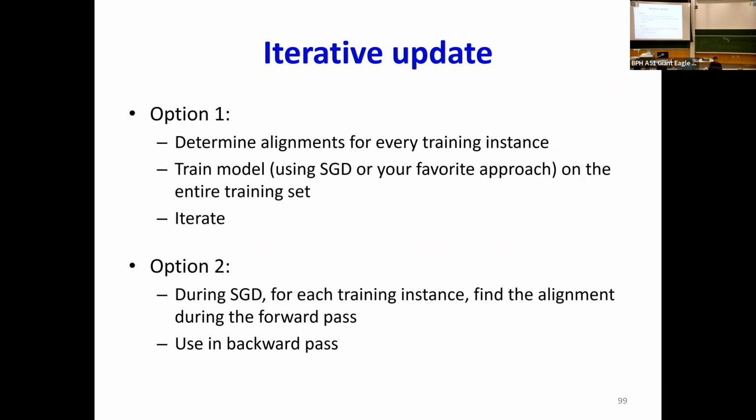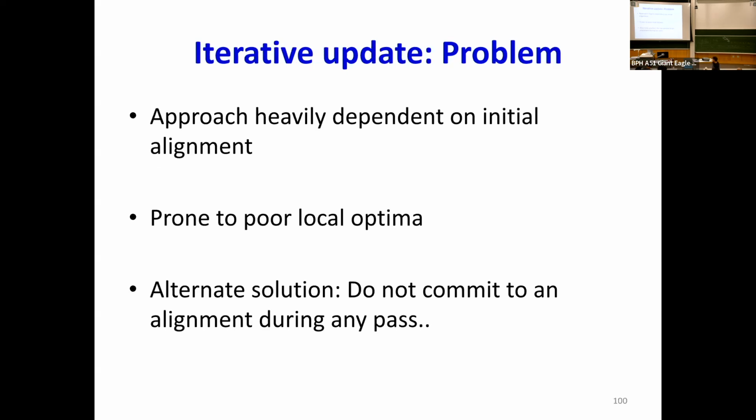What if you don't commit to an alignment? So you say, I'm going to try to optimize my model for every possible way of aligning the data to this model, or aligning the symbol sequence to this input. That's what you would do, right? So the iterative update approach is heavily dependent on initial alignment and prone to local optima.